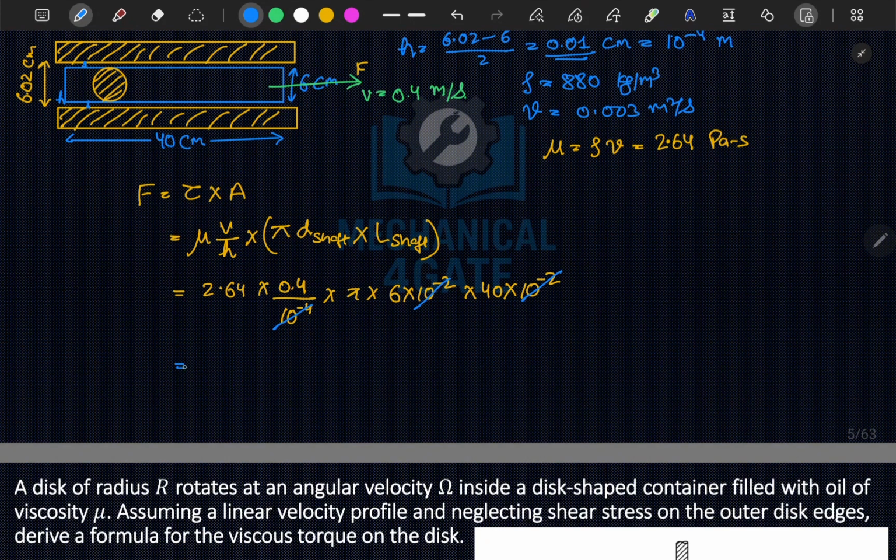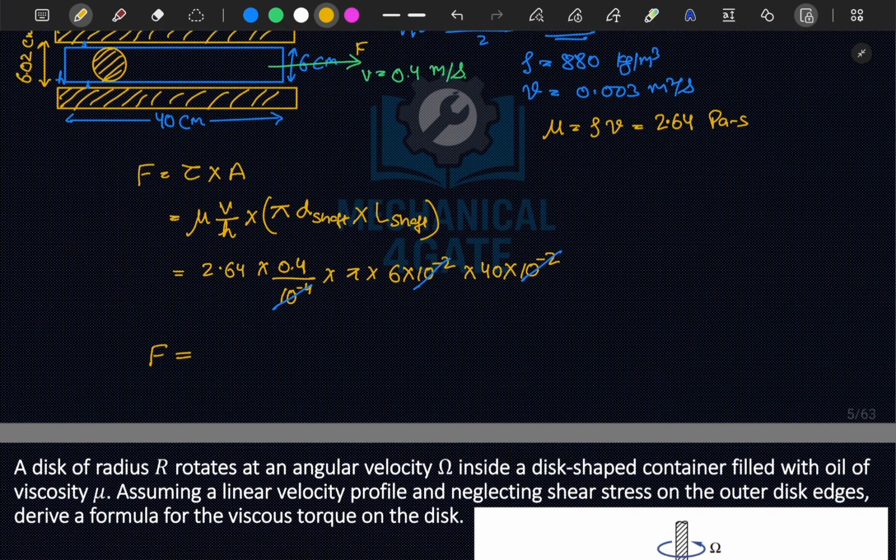If we solve this, the force F required will be equal to 2.64 into 0.4 into pi, that is 3.142, into 6 into 40.